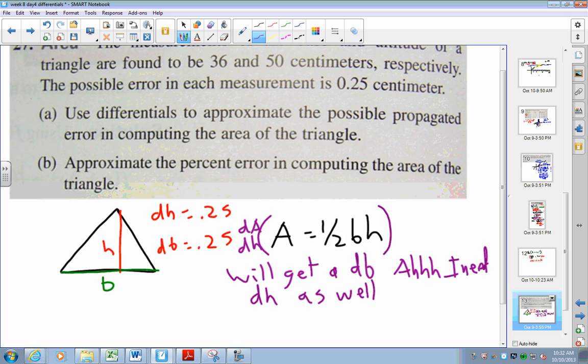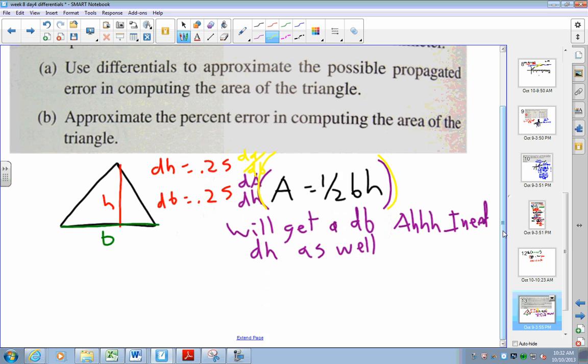Okay? But what happens if you do dA, dB? Who do I get? I'll get dH, but no dB. See how there's an issue there? Okay?